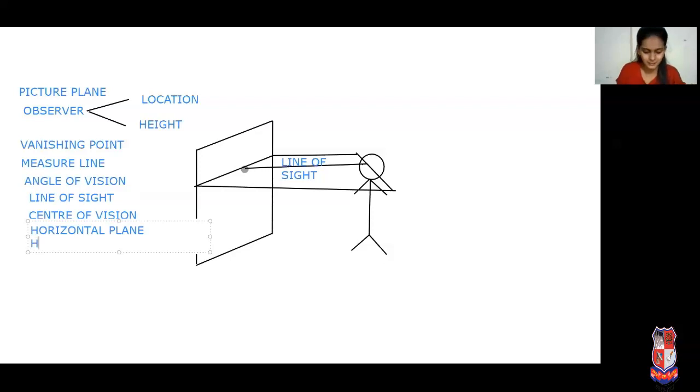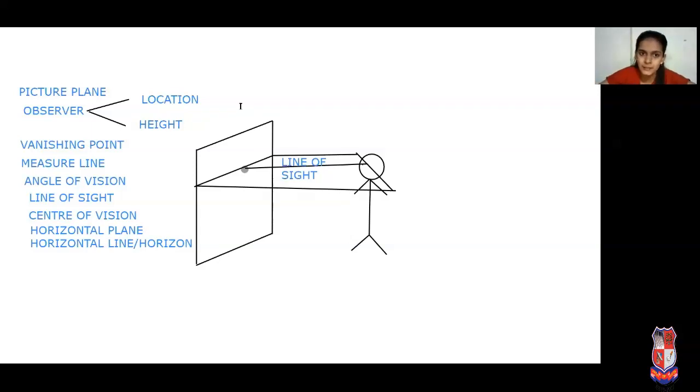Now consider the next thing, horizontal line or horizon. The horizontal plane coming out of our eyes is perpendicular to the picture plane.